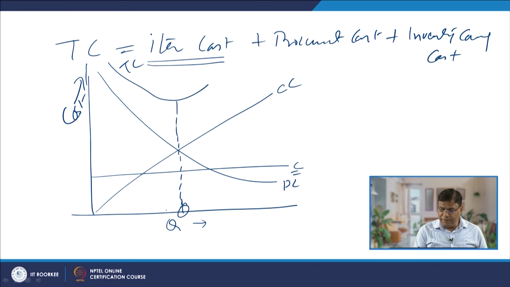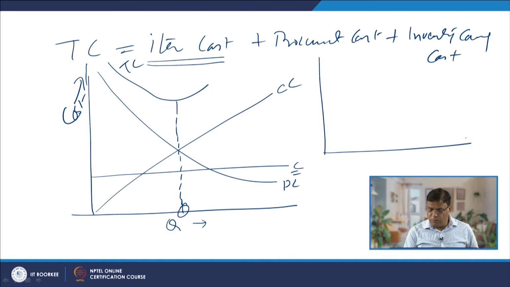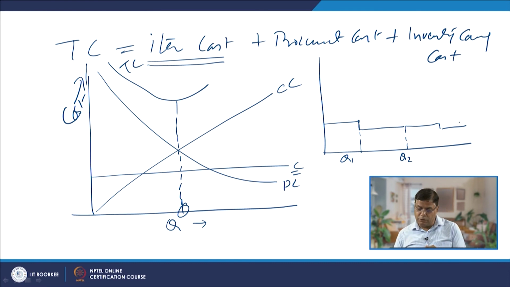But if there are price breaks, like when the order quantity is less, the price is high. The moment the order quantity goes beyond, say, Q1, we get the price break and the price is reduced. So the item cost will be reduced, then after some time, say beyond the Q2 level, we get another price break, and we get the items at a lower price.